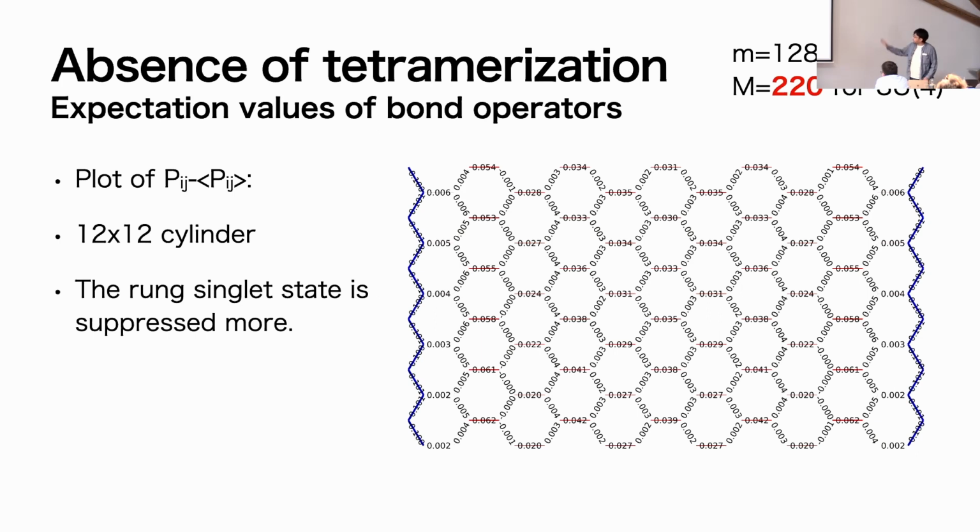In most regions, the magnitude of the deviation of the expectation value of the bond operator is less than 0.03. Also, this number is actually exponentially suppressed by increasing Ly, the circumference of the cylinder. In that sense, the Lang singlet state or VBS order is very suppressed in the large cylinder. From that, we conclude that in the thermodynamic limit there should not exist tetramerization or translational symmetry breaking.